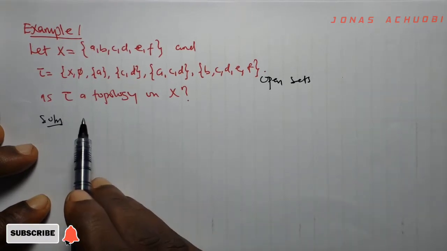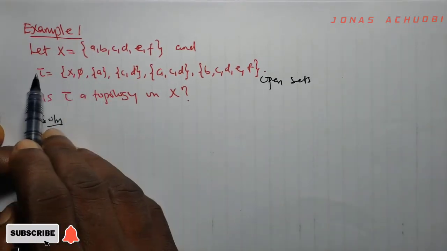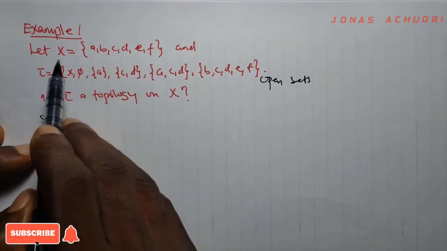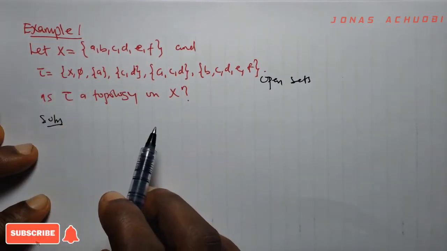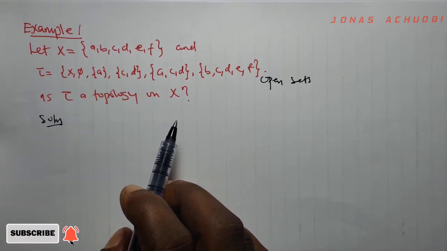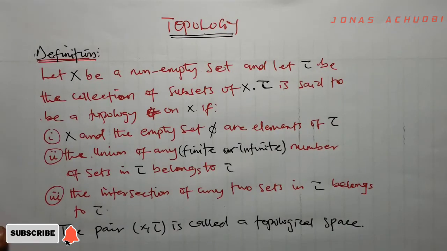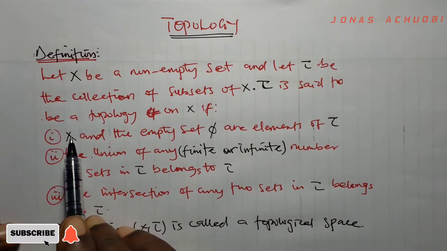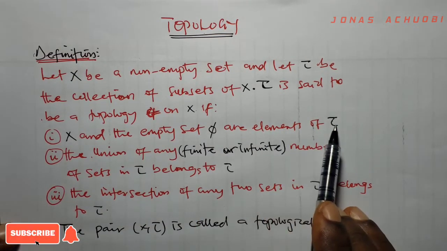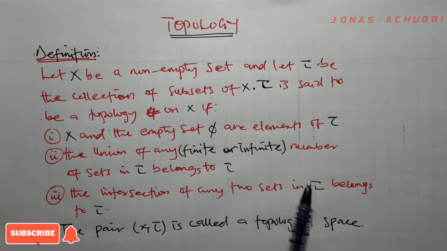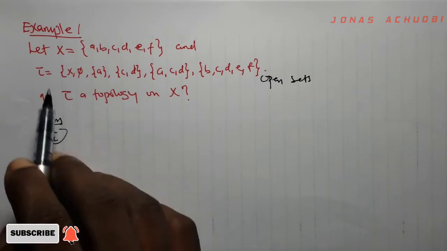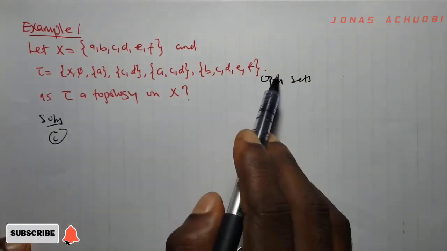We want to now investigate if this collection tau is qualified to be called a topology on the non-empty set X. To do this, we verify the conditions given in the definition. The first condition says that X, the set itself, and the empty set must be members of the collection tau. Let us see if this is true. So we go to tau and check. Is X a member of tau?